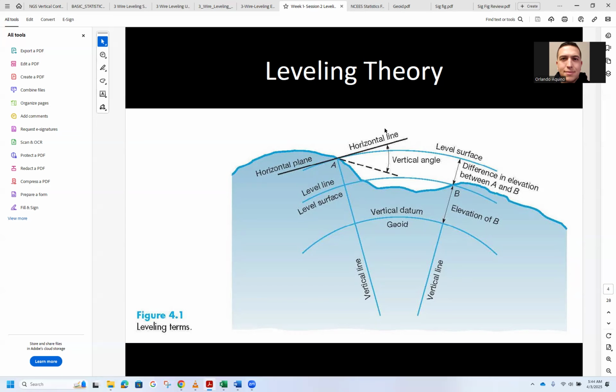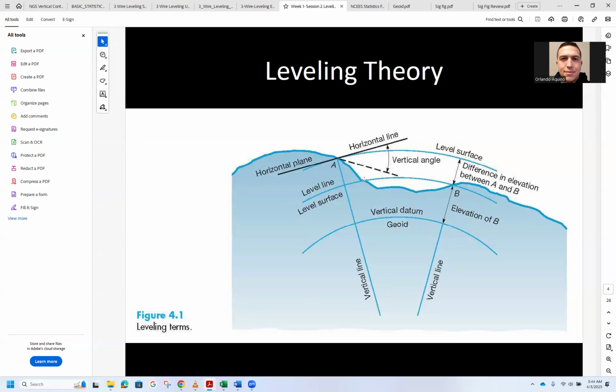So let's go over a couple of these definitions. Vertical line, just to show you guys, you've got this huge part right here. The vertical line is the line that follows the local direction of gravity as indicated by a plumb line, right? So again, are we really that concerned in plane surveying? Not as much, right?